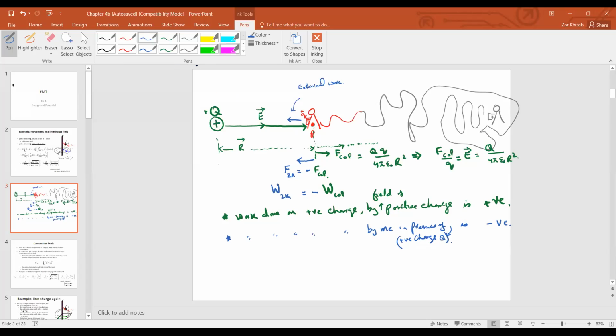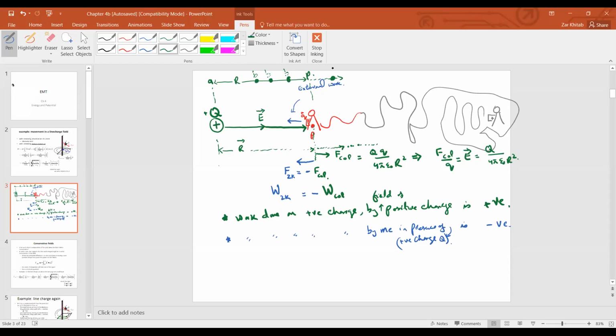Now remember, say this point is A. Say this point is P. And as we move through r, any point, this one or this one or this one or somewhere here, any point, suppose B. Anywhere.